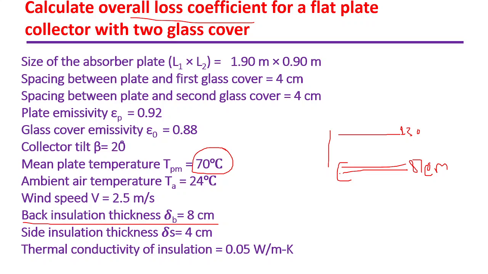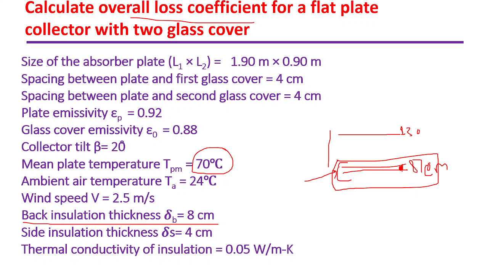I suggest that whenever we are solving a problem, first visualize the system. For example, here we are talking about the bottom loss coefficient, so our system is this much only, and we know the formula. Delta B is the thickness, this thickness we are talking about.